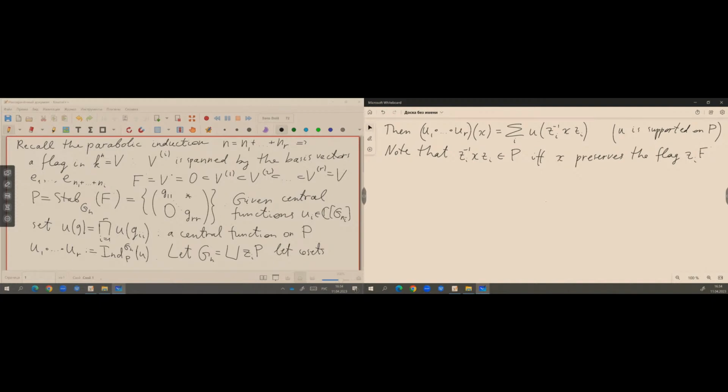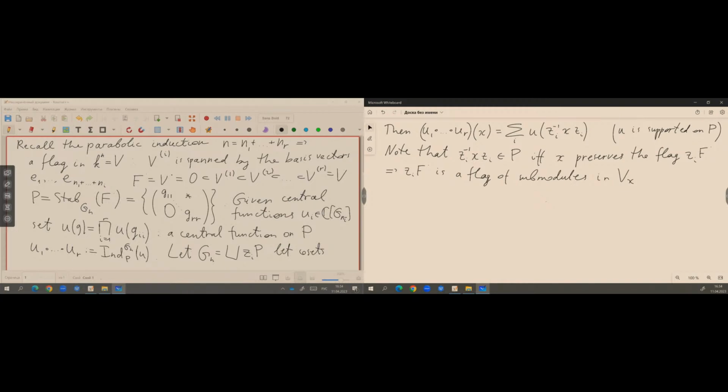Yeah, so that this shift z_i F is a flag of submodules in K^n.